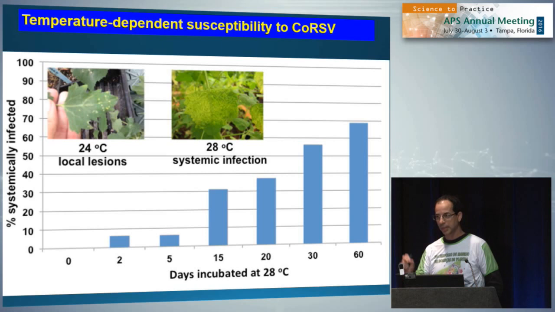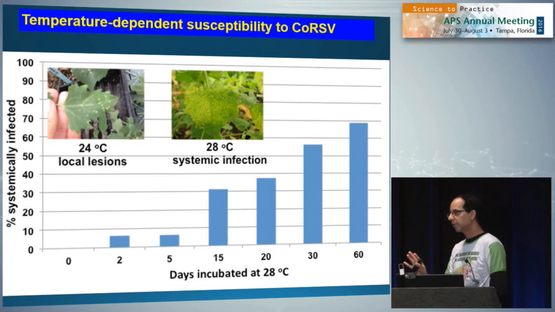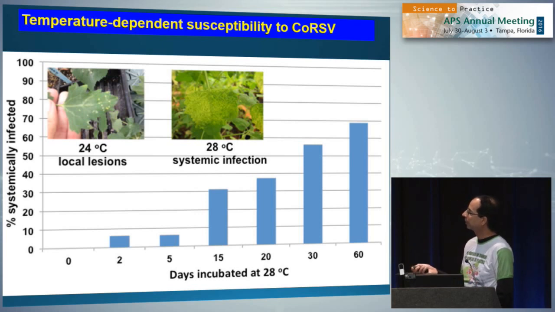So that was interesting. But coffee ring spot virus has this really interesting property. And it's not the only virus to show this, but I think it has quite some implications for phytobiome research at the level of ecology and population. And the phenomenon is that, in this case, Chenopodium quinoa is a local lesion host at 24 degrees.